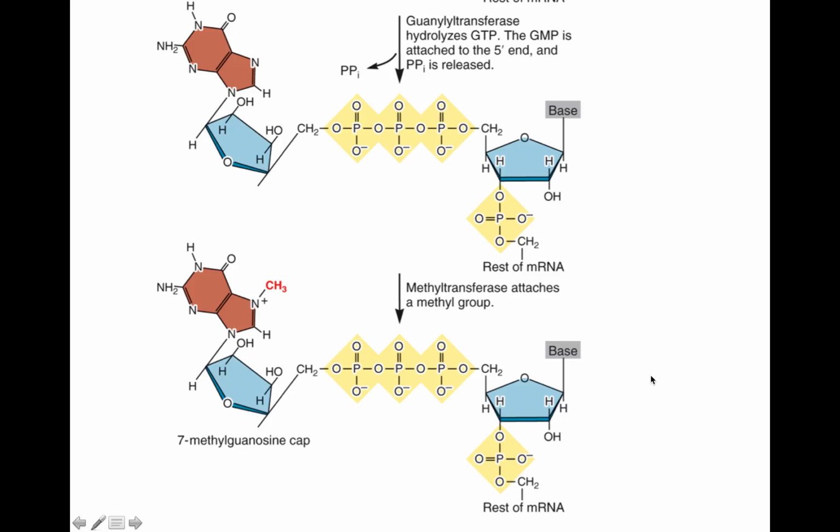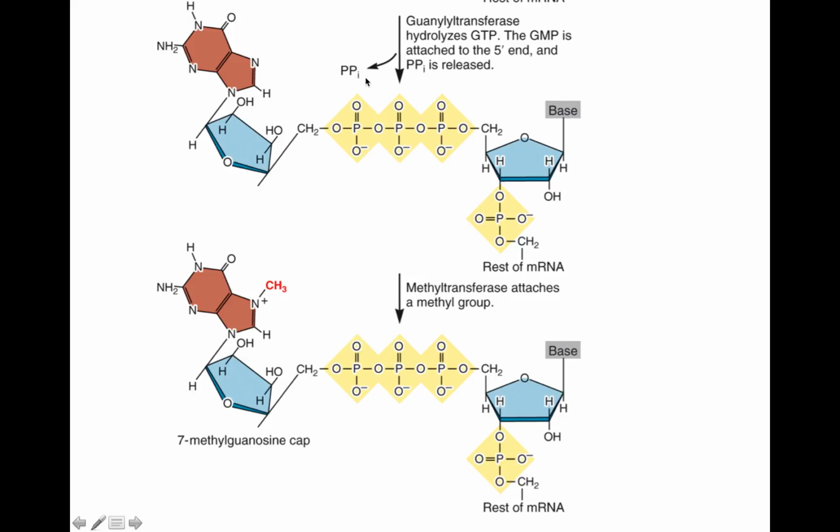And then an enzyme called guanylyl transferase attaches GMP to the 5' end, by hydrolyzing the pyrophosphate that's attached to this GTP. So if you cut the nucleotide right here, this would have had 2 more phosphates on it.